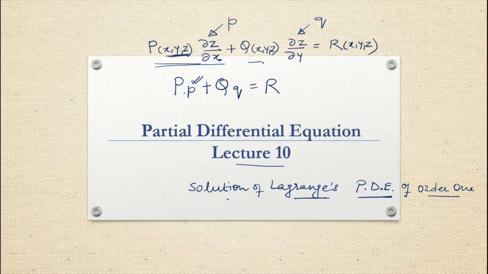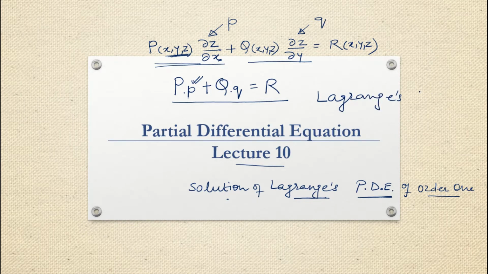Similarly, the second term is small q, and small q has a coefficient which is a function of x, y and z. The right hand side will not have any partial derivative. It will have some function of x, y, z. This form of partial differential equation is called Lagrange's partial differential equation.